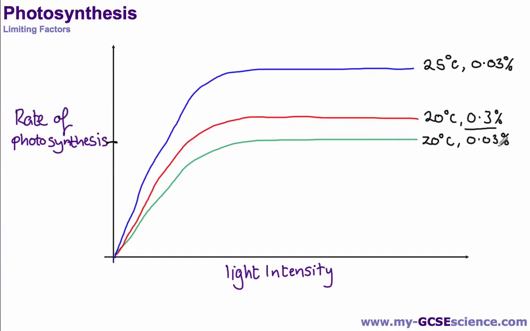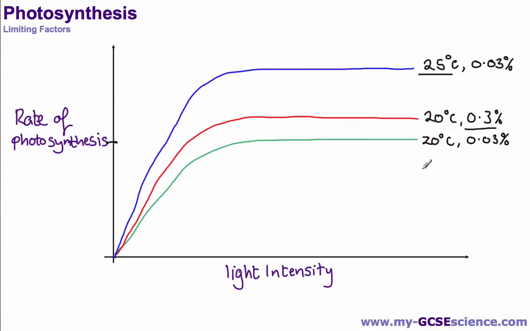And if I then change the conditions again, keeping CO2 the same as the first experiment but raising the temperature to 25 degrees, I can see that again I get a big increase in the rate of photosynthesis and it flattens out at a much higher level.